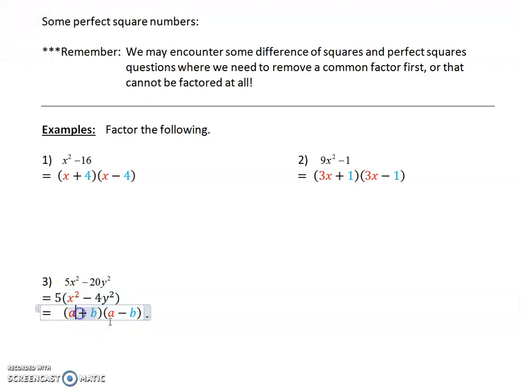So the square root of x squared is just going to be x and x. Then we're going to look at the back, and we're going to square root that in order to get our b's. Square root of 4 is going to be 2. Square root of y squared is going to be y. All right. Now just don't forget that there was a 5 in the front, and so we're just going to leave it there.